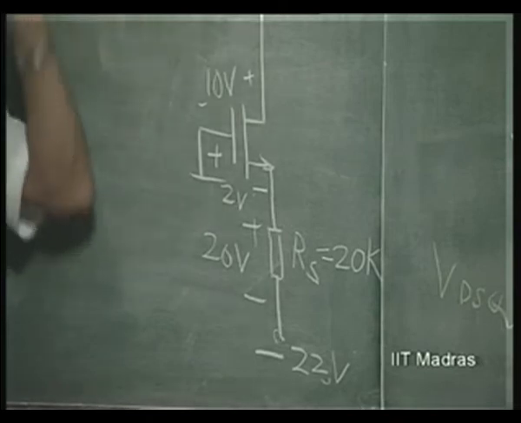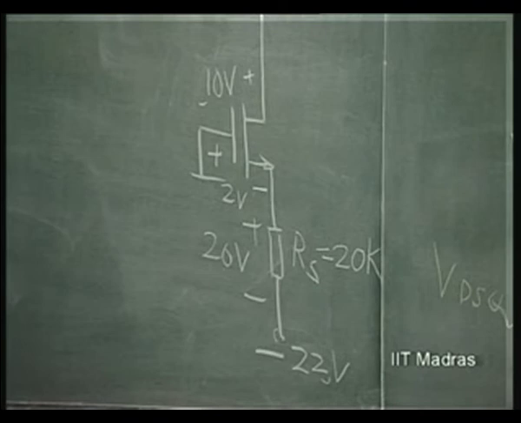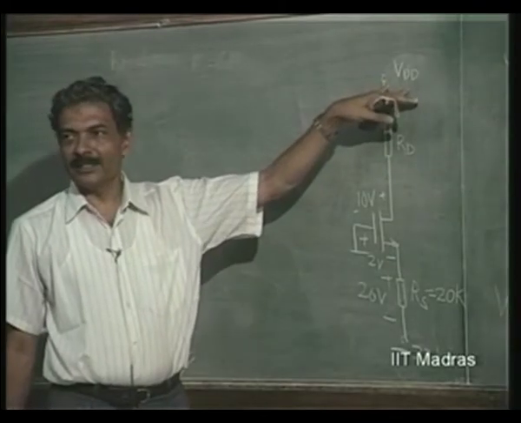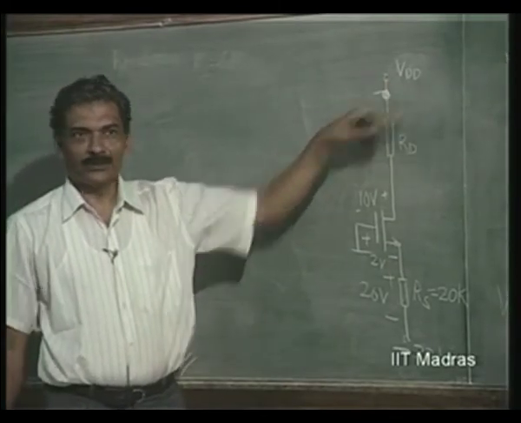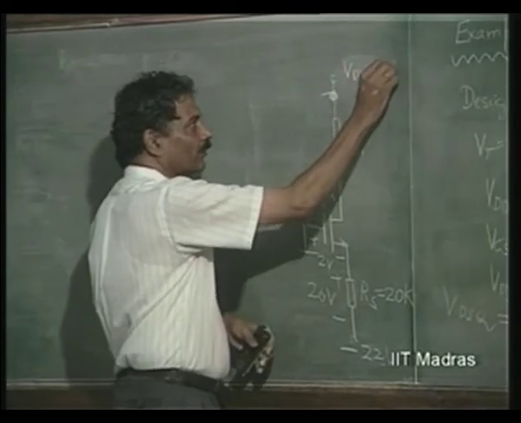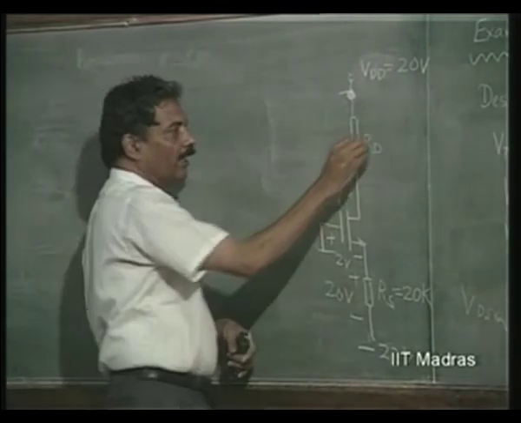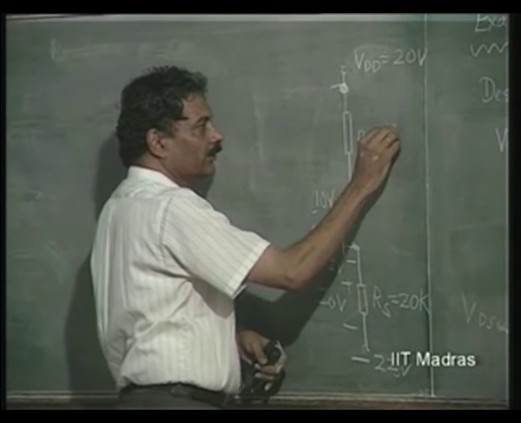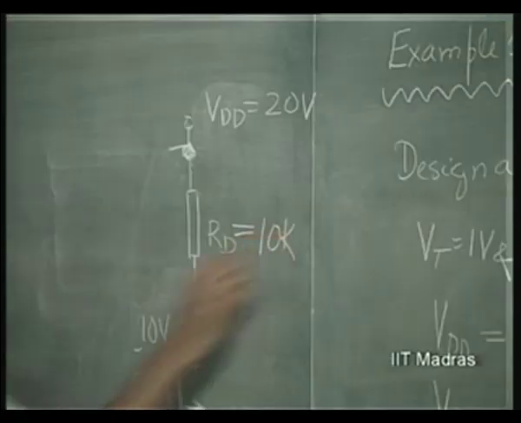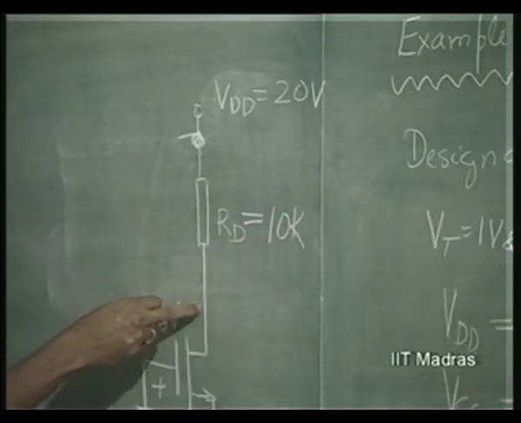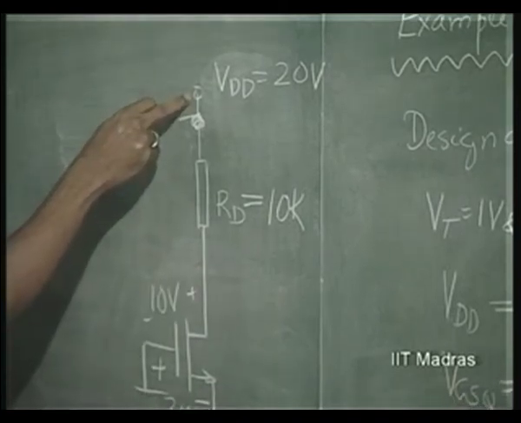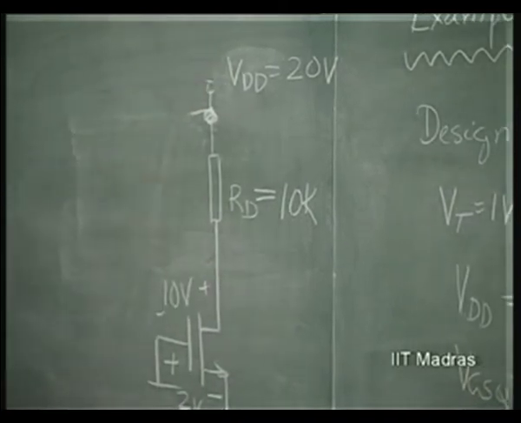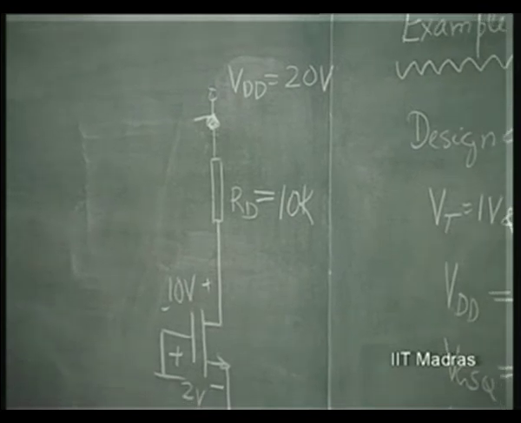So, now RD is going to be selected as 10K in order to make VDD equal to 20 volts. So, VDD is equal to 20 volts. RD is equal to 10K because this 10 volts is already given to this, the other 10 volts can be given to RD, so that this VDD becomes equal to 20 volts.